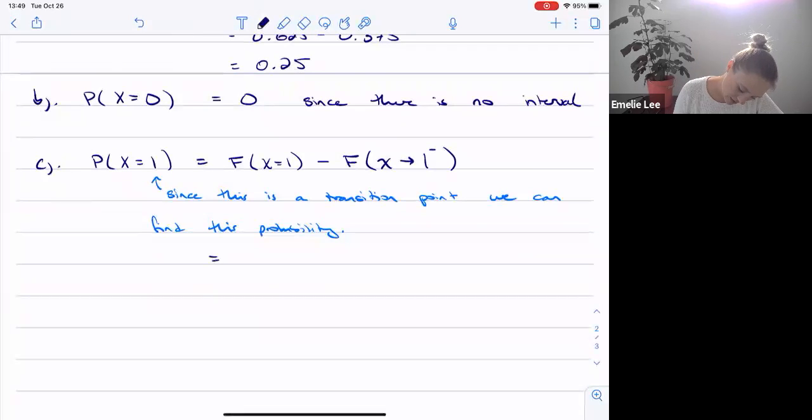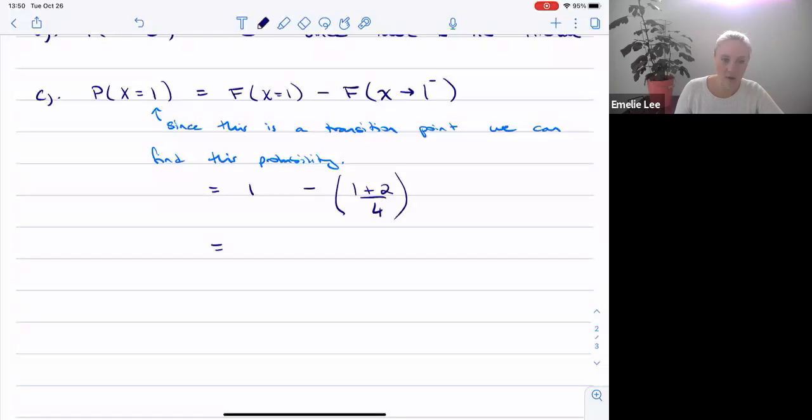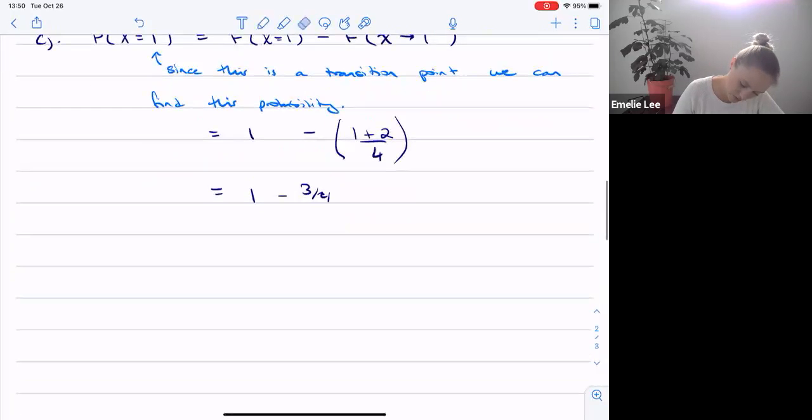It's going to be 1 minus (x plus 2) over 4, which is 1 minus (1 plus 2) over 4, so 1 minus 3 over 4 is 1 over 4.